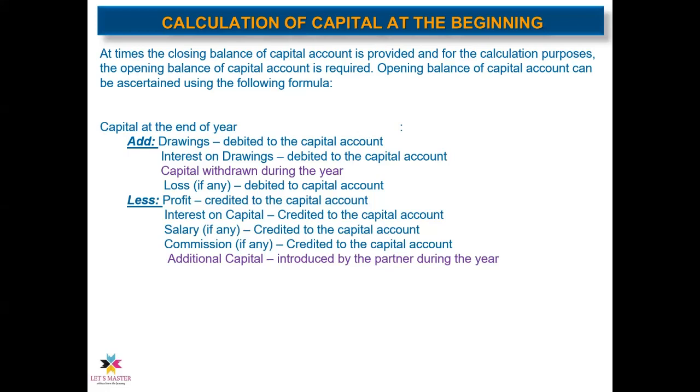So capital withdrawn during the year would be added, and additional capital introduced by the partner during the year would be deducted from the closing balance of the partner's capital account in case of the fixed capital method to arrive at the opening balance of the partner's capital account. And if you are maintaining the partner's capital account using the fluctuating capital method, then all these items would be taken into consideration.